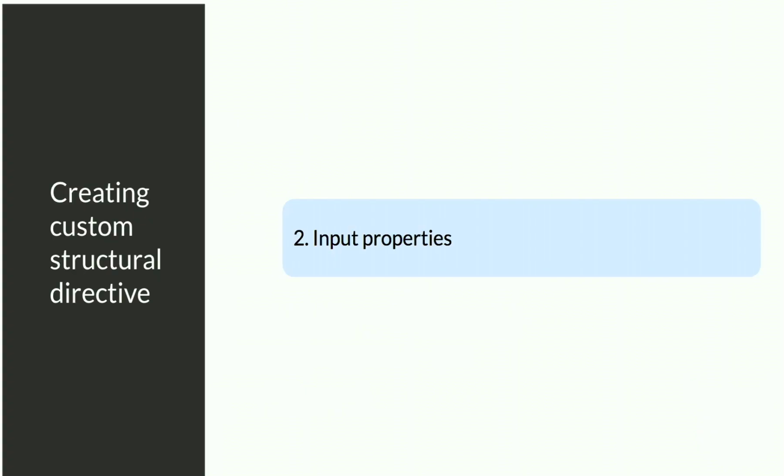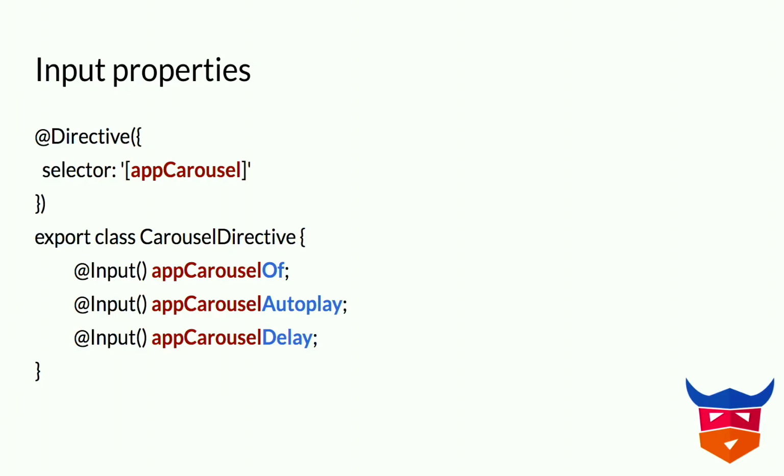So after we've created the context object, we want to create input properties. What is the data that the structural directive needs to be passed in? We want to make the structural directive quite configurable.